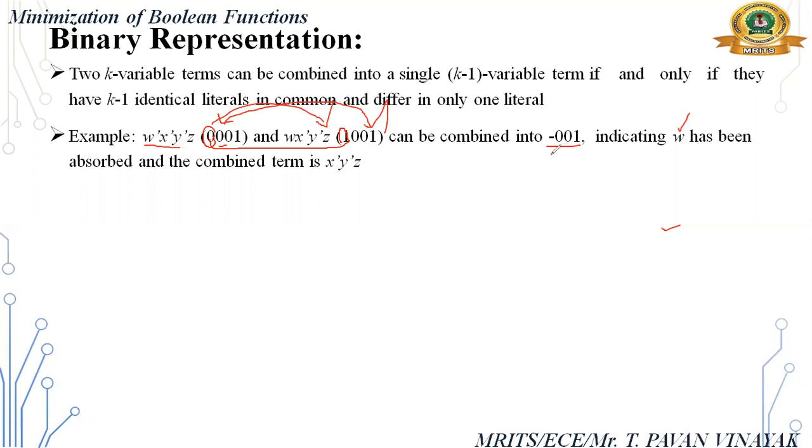To show it is a 4 variable function, we put a dash. Which variable is missed? W is missed, so at that position I am writing the dash. The order is W, X, Y, Z. If Y is missed, you write WX dash Z. If X is missed, W dash YZ.